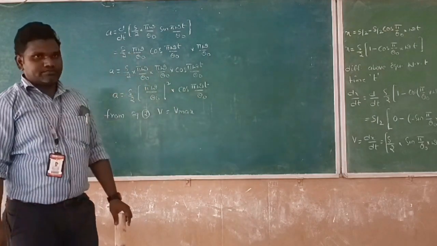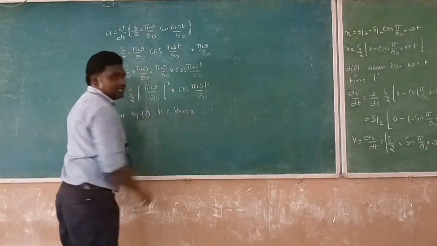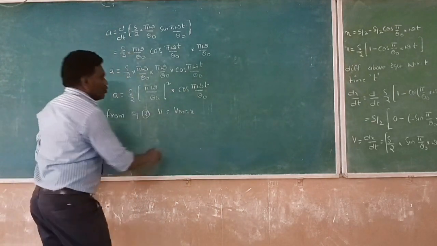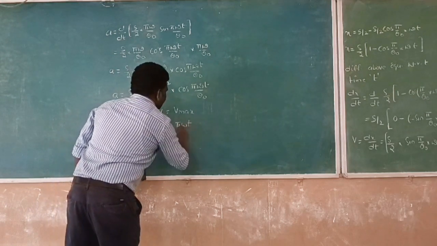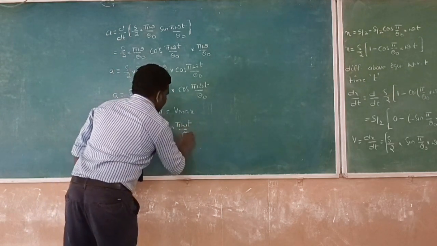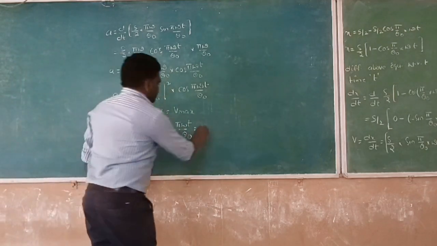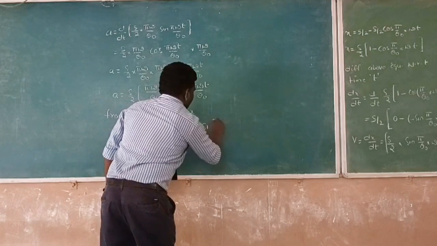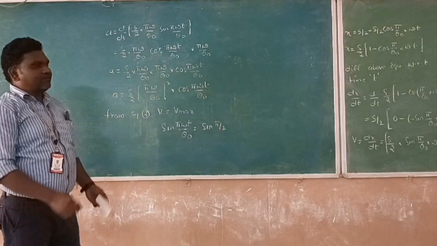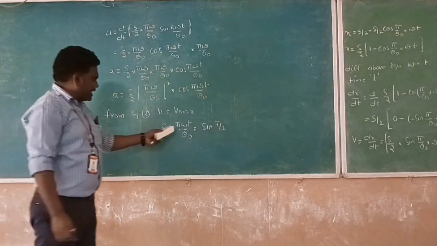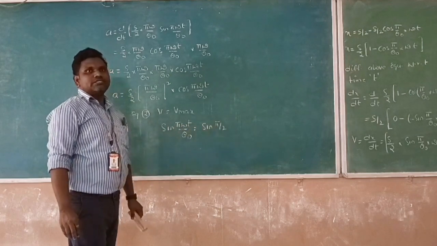It will happen only when sin(πωt/θ₀) is equal to sin(π/2). So the velocity v will be maximum if sin(πωt/θ₀) is equal to sin(π/2).